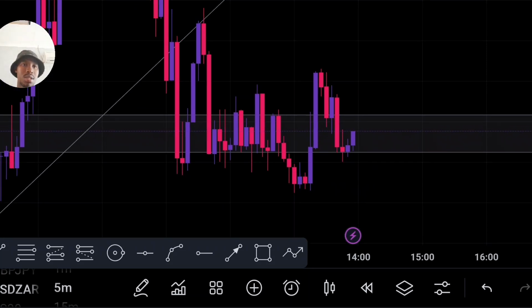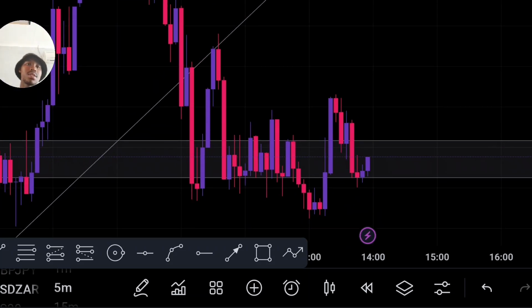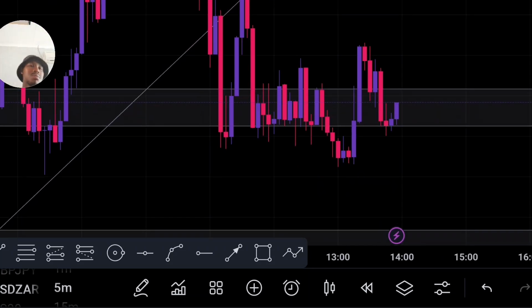One thing about how I trade is that I use multiple strategies to find my entry. I don't just enter off of one strategy. I might highlight this order block, just as an example, and then use it as confirmation for my entry.